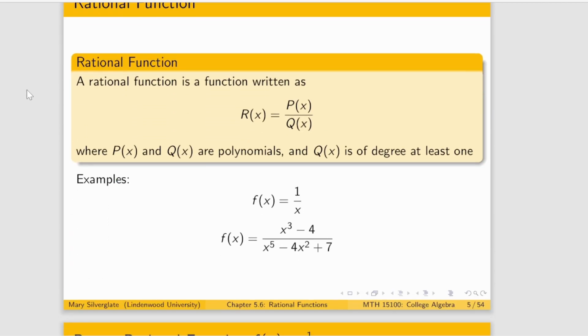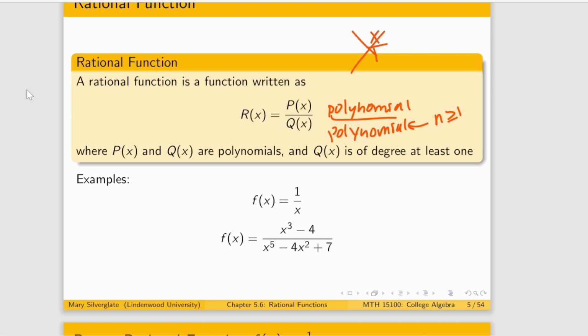Now that we've seen what those parent functions look like, though, let's do a formal definition. So a rational function is formally defined as where we have a polynomial divided by another polynomial, and the polynomial in the denominator has to be a degree bigger than or equal to 1, which is just to say that if I just had x divided by 1, that doesn't count as a rational function.